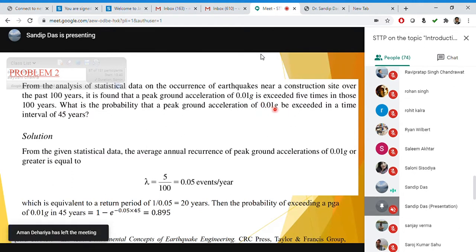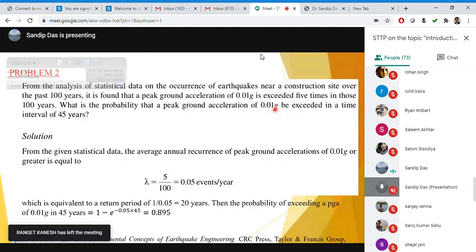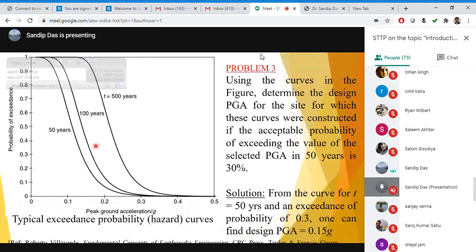Let's say 0.00001 to maybe even 10G. Forget about whether 10G can at all occur or not. We are not considering that. Let's say any range. For that entire range, for 50 years, you can always pair up the G value with the corresponding probability of exceedance. So if you do that, then for 50 years you will get a curve like this.